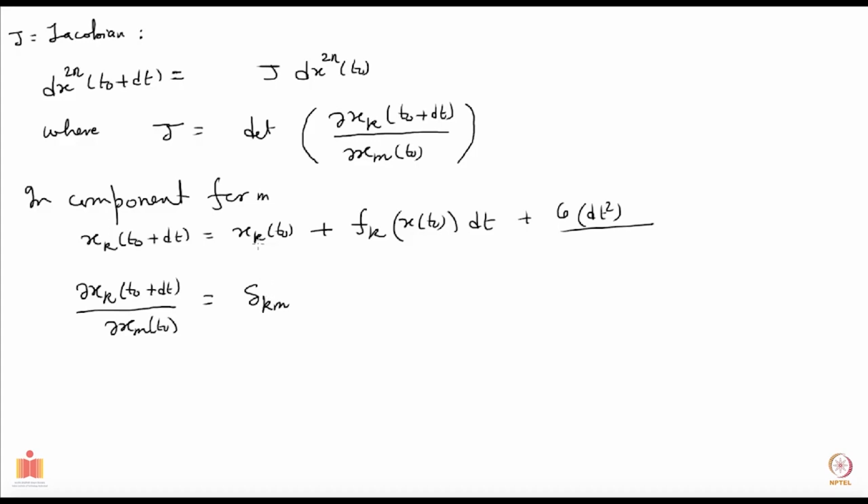Only when k and m are equal, this is going to give you 1, plus the derivative of f with respect to x_m, so ∂f_k over ∂x_m. I will drop this x of t0 for ease of writing and clarity, but that argument is there, and you have a dt here. Okay, let me keep writing this.